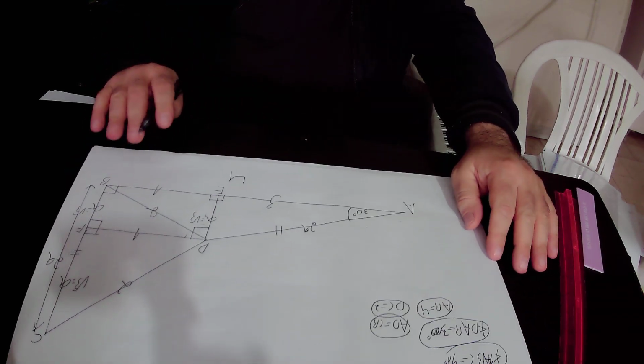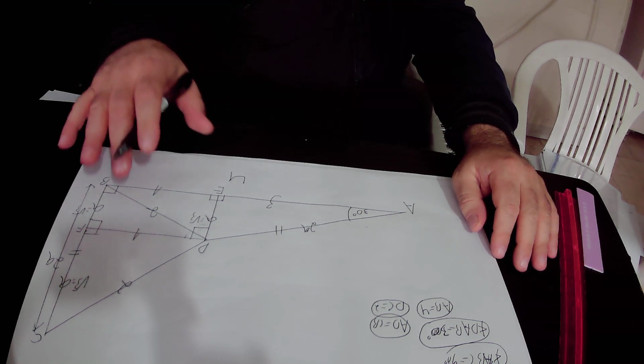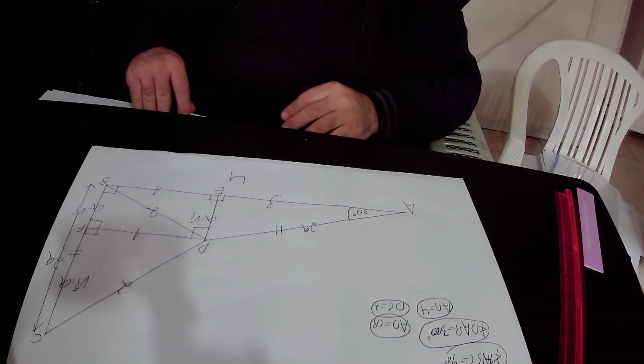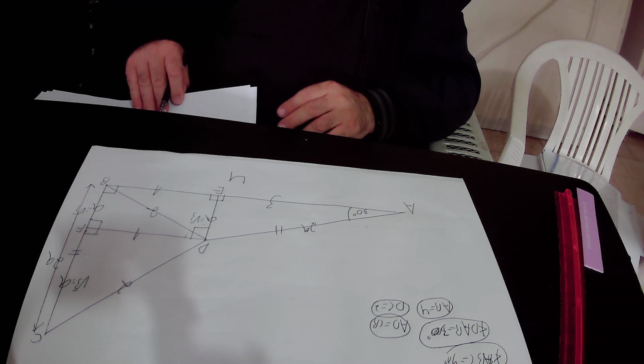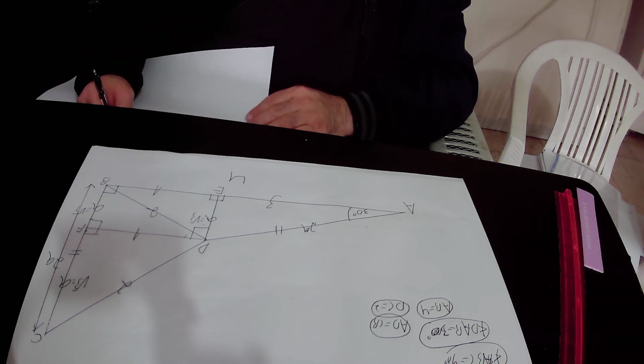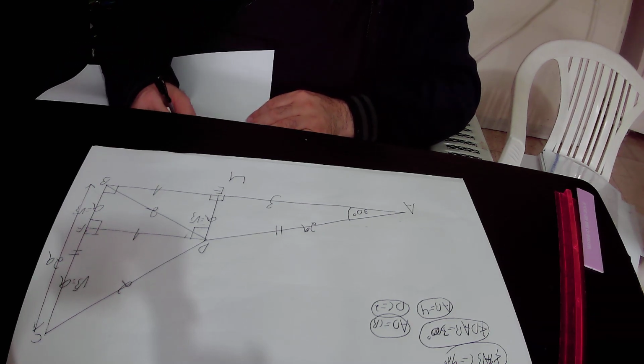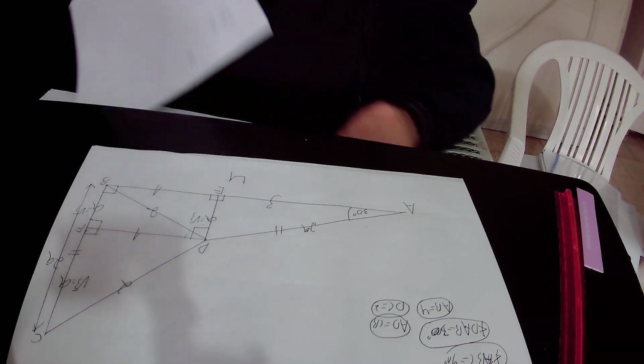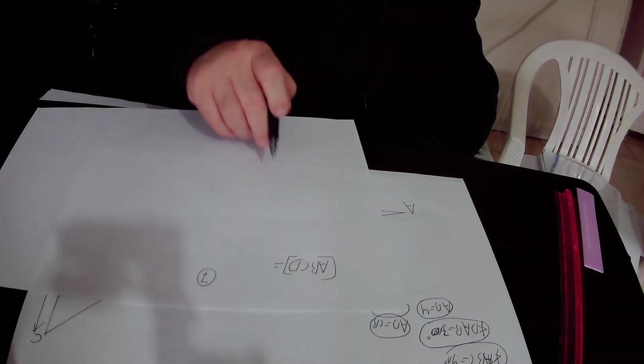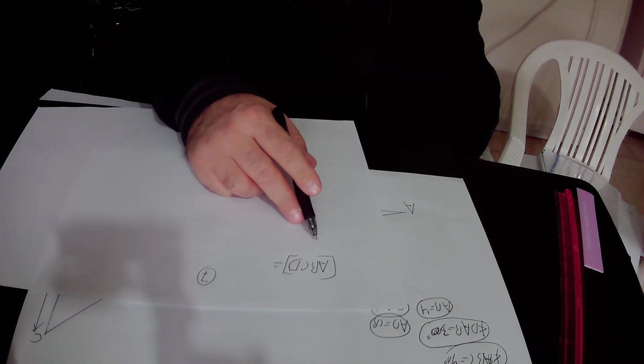So what is the area of quadrilateral ABCD? Here the squared brackets are the sign for the area.